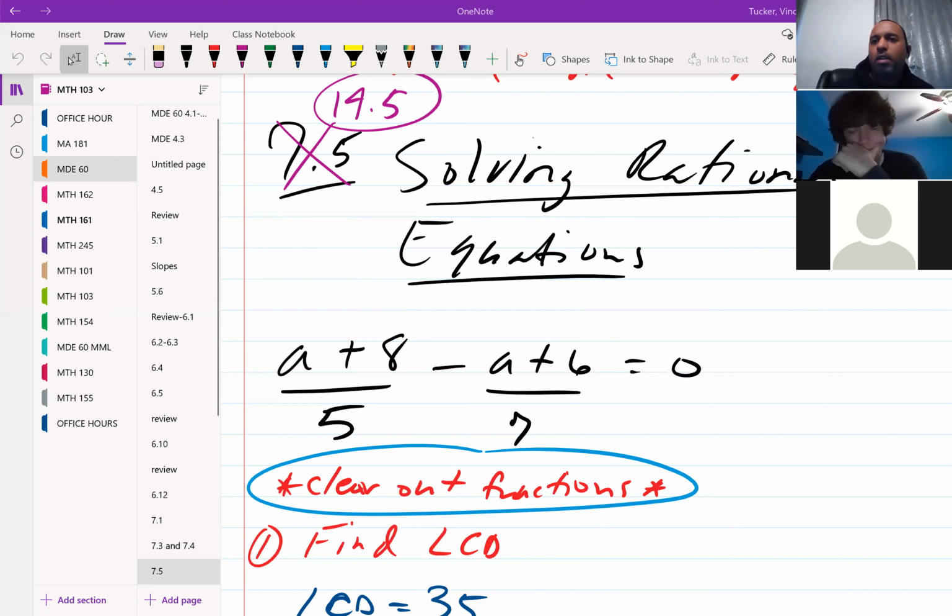Yep, 14.5 and 14.7. Okay, we'll see if we can get to 14.7 or not.